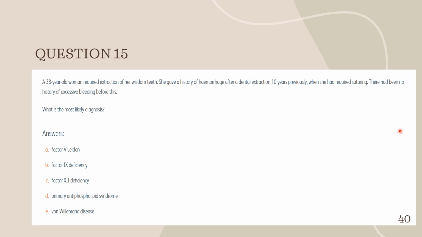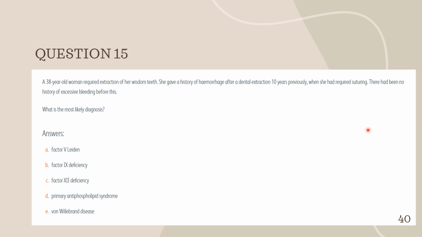usually there are questions like this where there is an increased tendency to bleed, and the commonest cause of that without major other abnormalities or other history is von Willebrand disease. In the options, factor 5 Leiden, factor 9 deficiency. Factor 9 deficiency is your hemophilia B, which can happen with things like hemarthrosis.